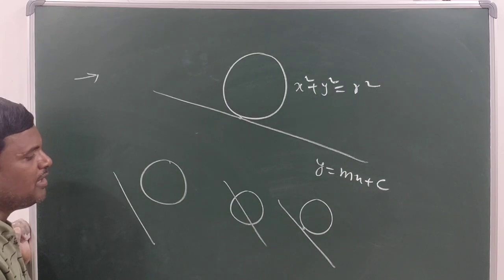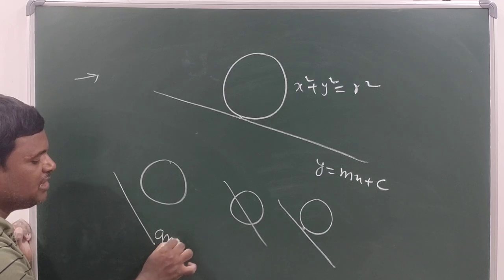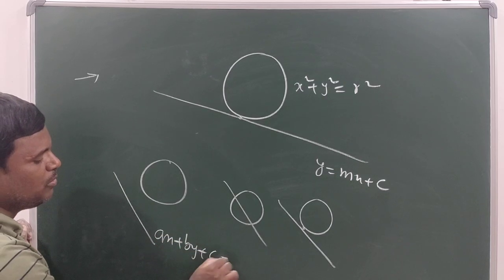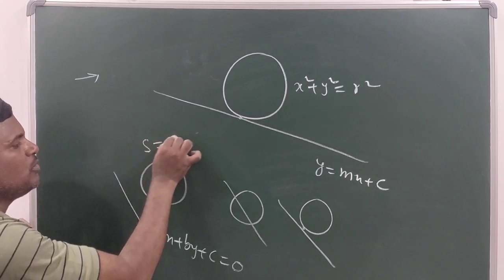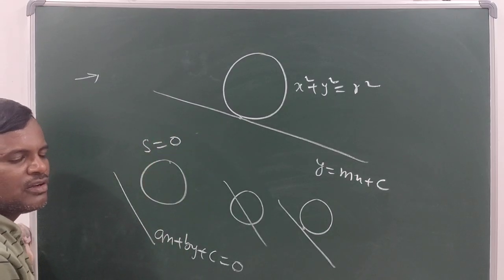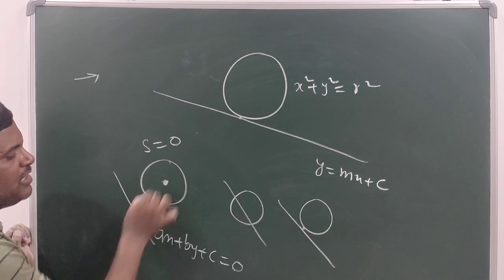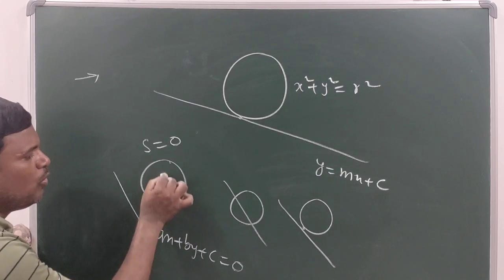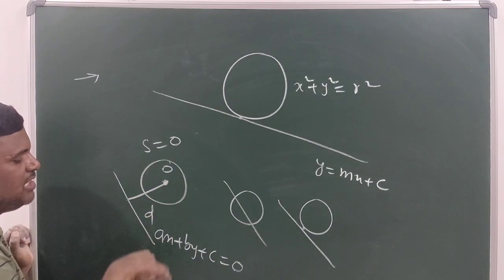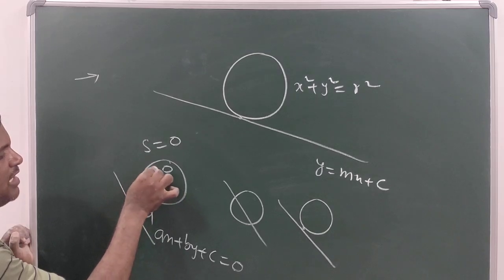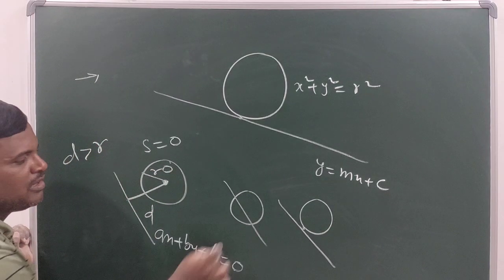Now you will get the circle equation, and the line equation like this: ax plus by plus c equal to 0. What do you have to do? Identify the center O and find the perpendicular distance from the center to this line, that is D, and the radius of the circle R. If D is more than R, there is no relation.